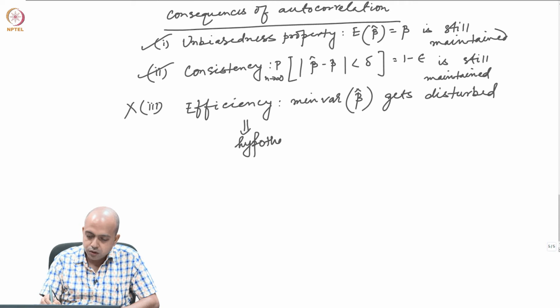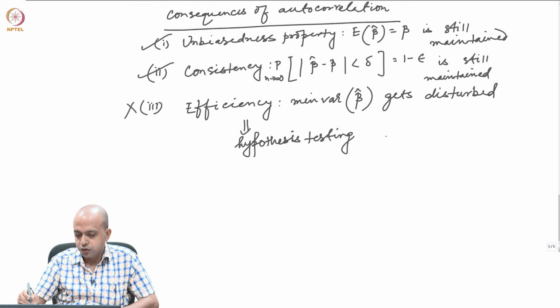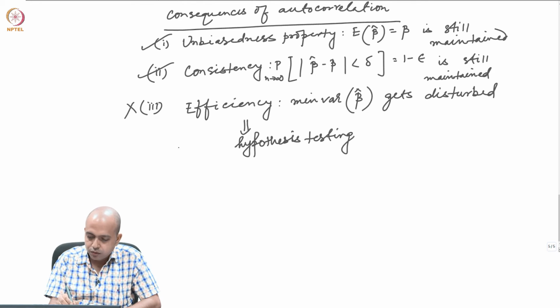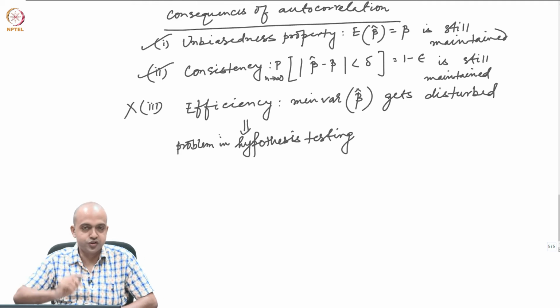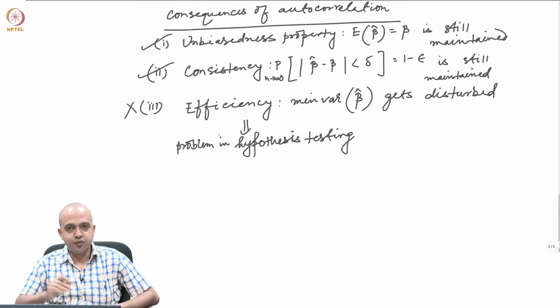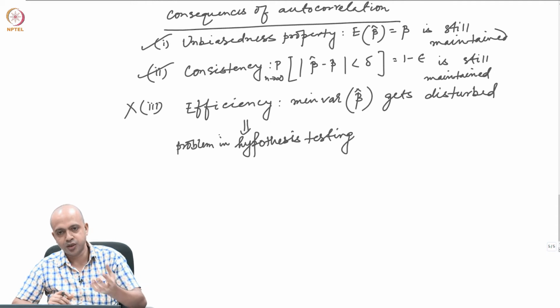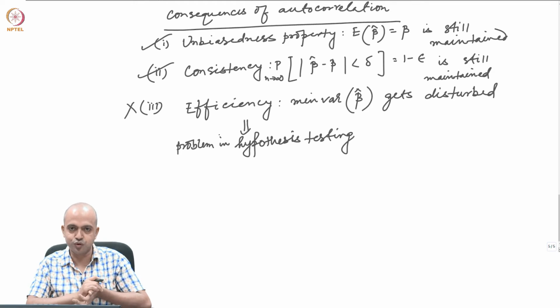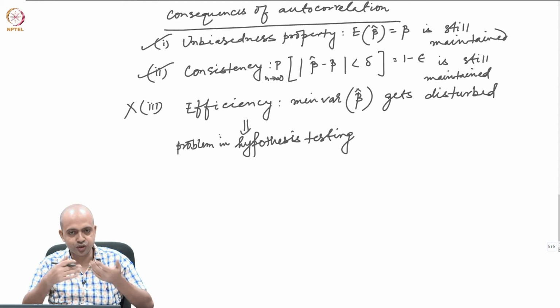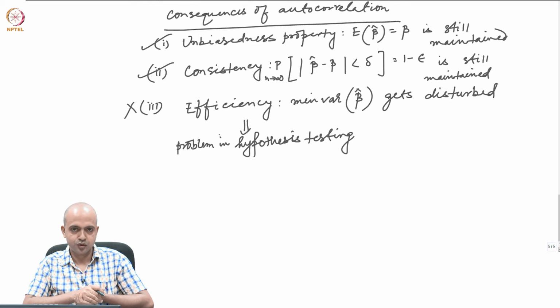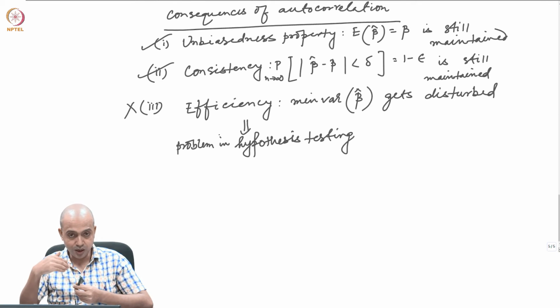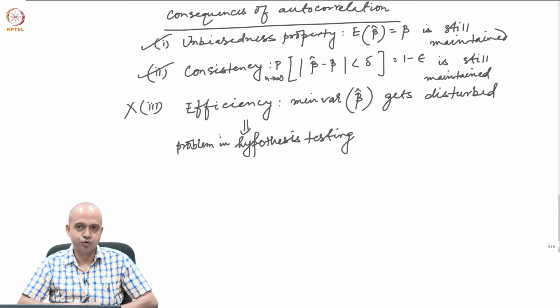Because if the variance of beta hat is not minimum, that means your standard error is not minimum, so the t statistic you compute out of this standard error will show some kind of artificial value, and as a result the decision making out of that inaccurate test statistic will also be erroneous, right.